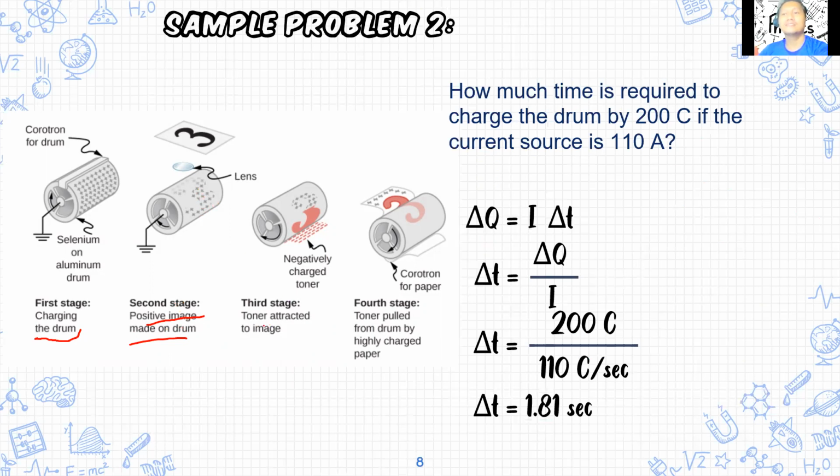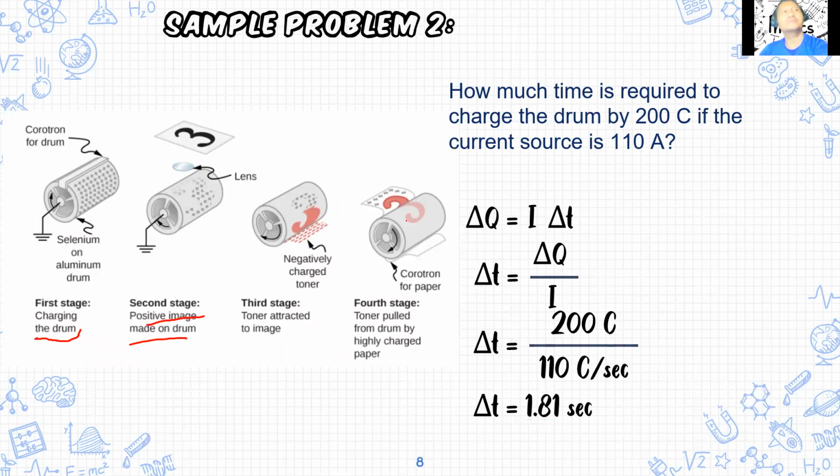Then in the third stage, the toner gets attracted to the charged image. And in the fourth stage, paper passes through so that the attracted toner is pressed onto your paper.